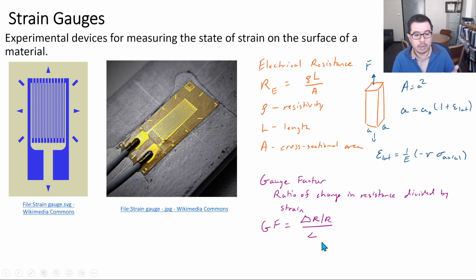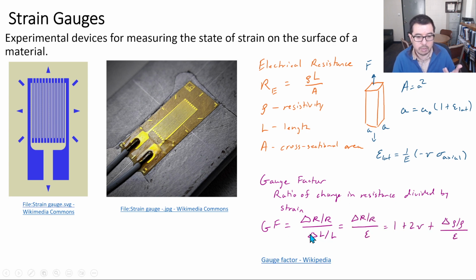So the gauge factor, which is defined here as the ratio of change in resistance divided by strain, would only be dependent on these two properties, right? What we're saying is, look, if I apply a force, we have some change in the axial direction, and that's going to give us a change in the resistance, right? So if I said delta R over R is equal to epsilon plus 2 epsilon nu, okay, so now we're seeing that this nu is coming into the change in the cross-sectional area. Okay, so it would just be these first two terms.